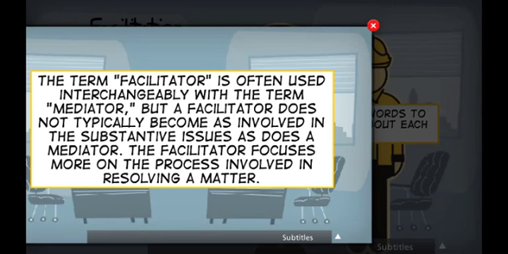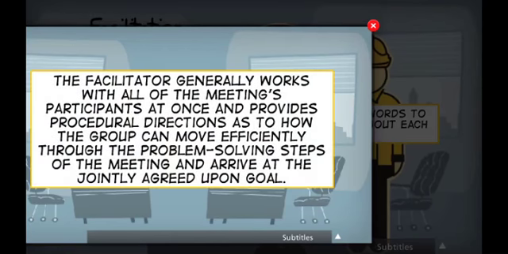The facilitator focuses more on the process involved in resolving a matter. The facilitator generally works with all of the meeting's participants at once and provides procedural directions as to how the group can move efficiently through the problem-solving steps of the meeting and arrive at the jointly agreed-upon goal.